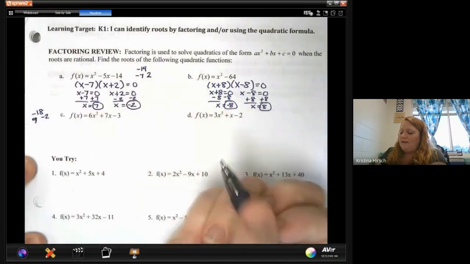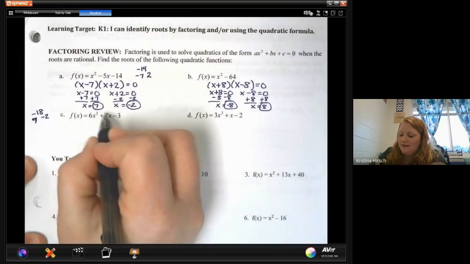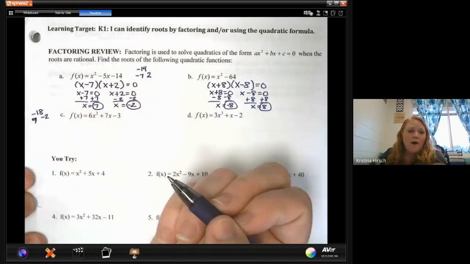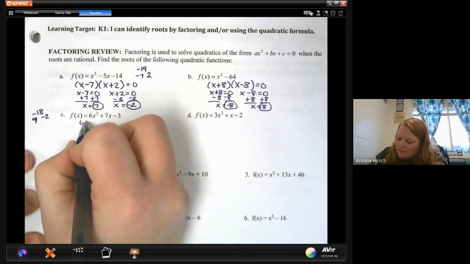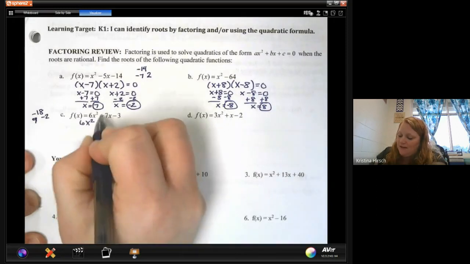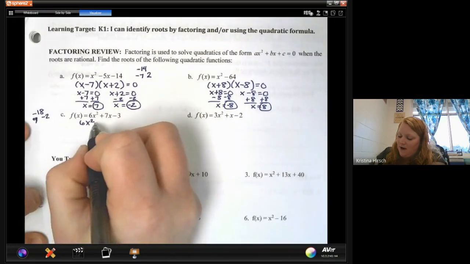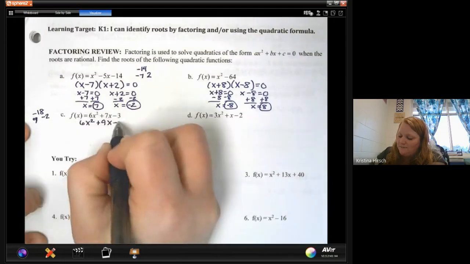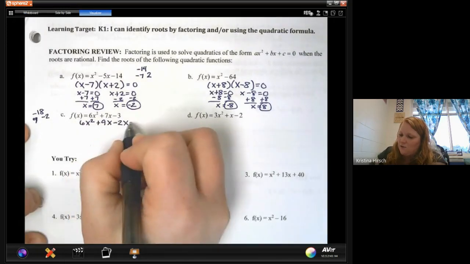And so we're going to replace 7x. So remember, we can't go straight to parentheses here because A is not 1. So we're going to have to keep the 6x squared, but 7x is going to get replaced with a positive 9x and a minus 2x. And then we also have a minus 3.